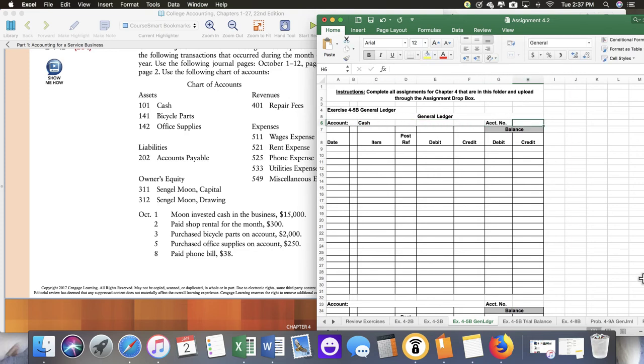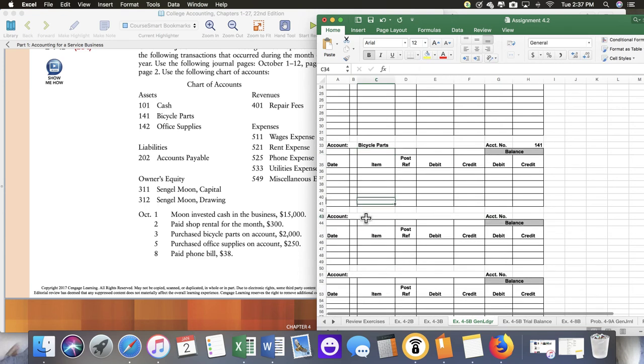Then we're going to enter in the account number. The next one is going to be the bicycle parts. And then you're just going to do this with all of the accounts listed.